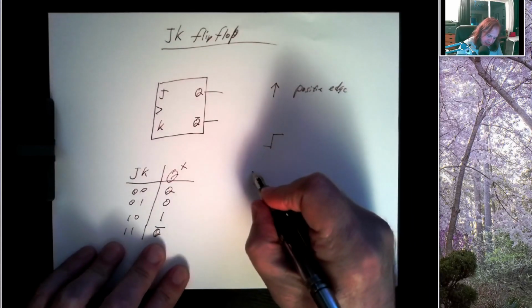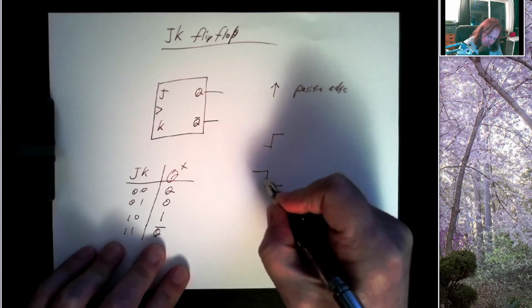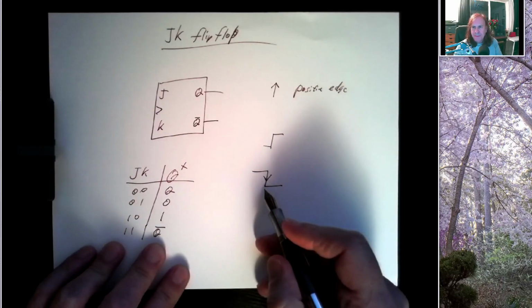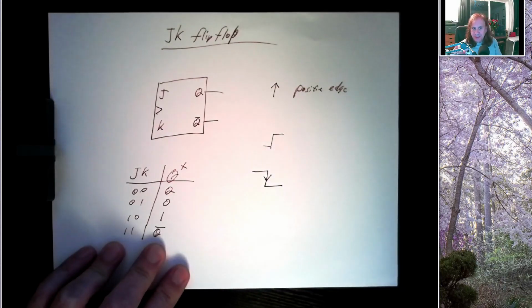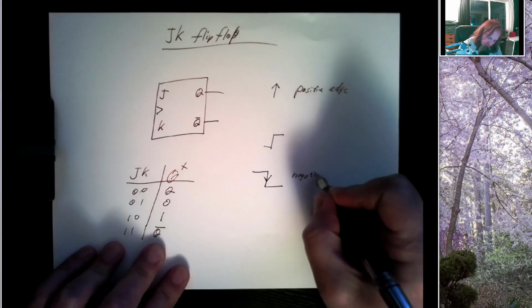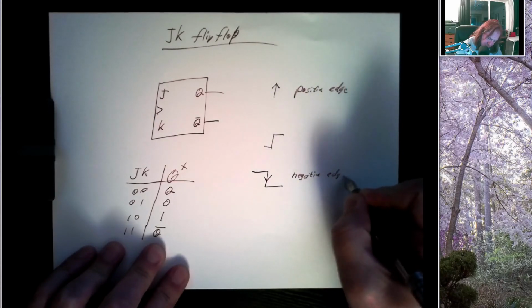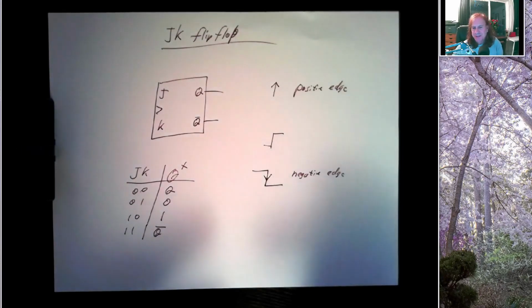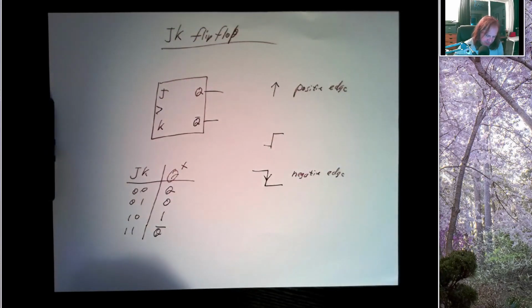But we can also design a flip-flop which makes its action happen on the falling edge. In other words, when the clock changes from 1 to a 0, these are called negative edge triggered. And you can find devices of both types, positive edge triggered, negative edge triggered.